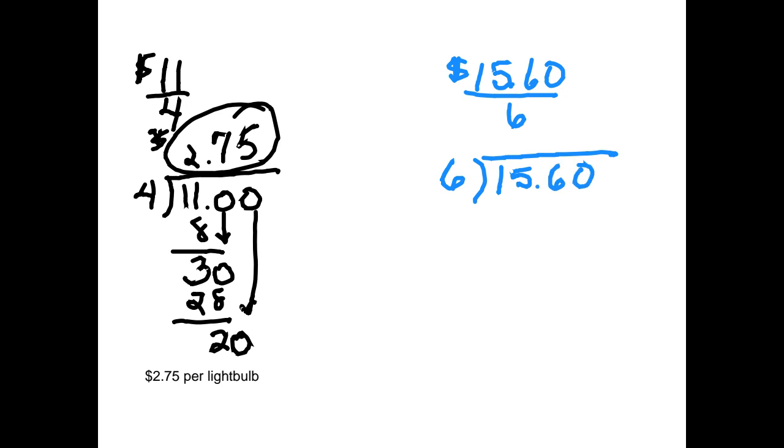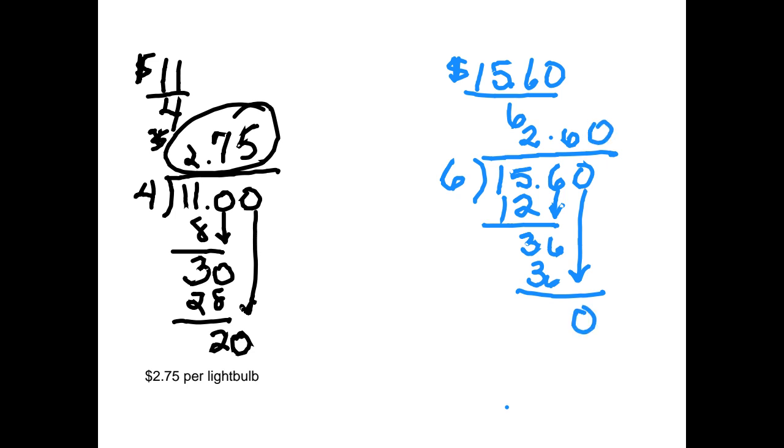This is 2. 3. Bring down the 6. Here's my 6. Now don't forget, I have this 0. And remember, money is 2 decimal places. Money is always 2 decimal places.